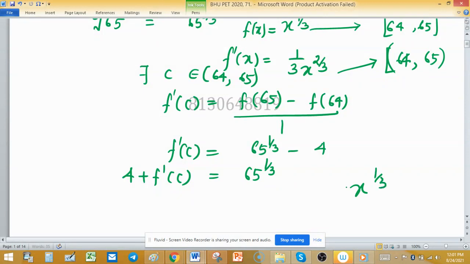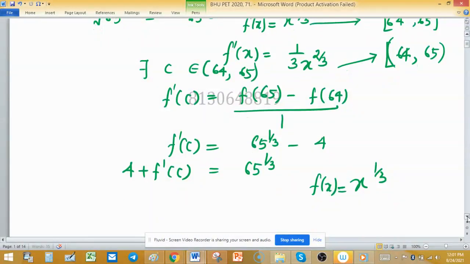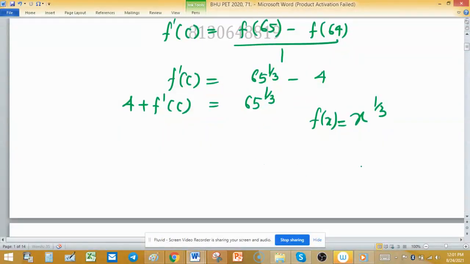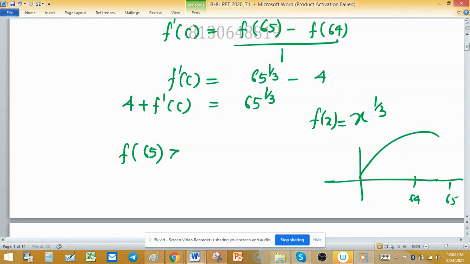The graph of the function x raised to the power 1 upon 3 is like this, so it is increasing. Suppose this is 64, this is 65. The function is increasing, so f of 65 is greater than f of 64, and f of 64 is 4.